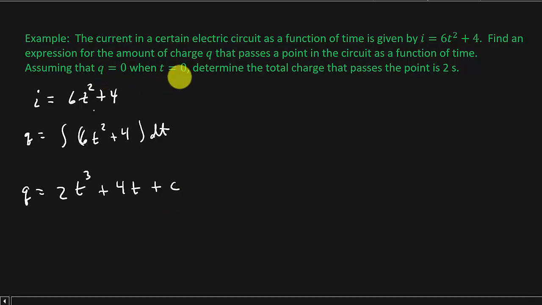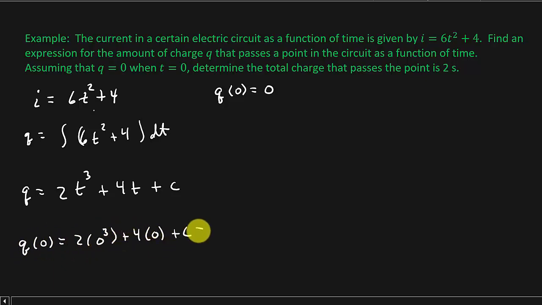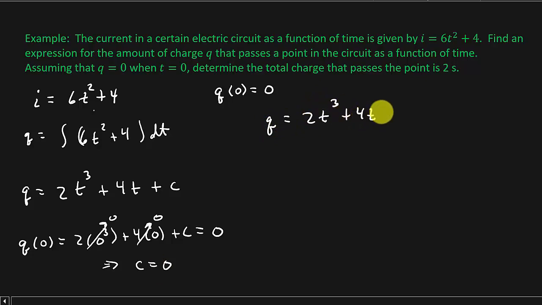Well, we have this, that Q is equal to 0 when t equals 0, so that actually tells us that Q of 0 is equal to 0, right? So Q of 0 is 2 times 0 cubed plus 4 times 0 plus C, and that equals 0. Well, that's 0, so that tells us that C is equal to 0. So we get Q is equal to 2t cubed plus 4t.